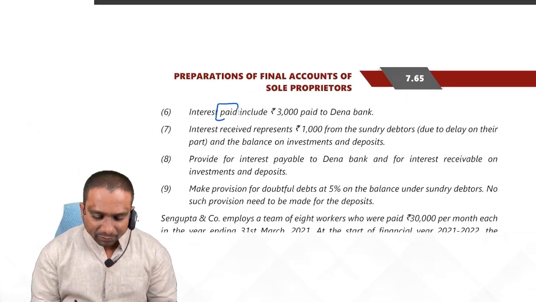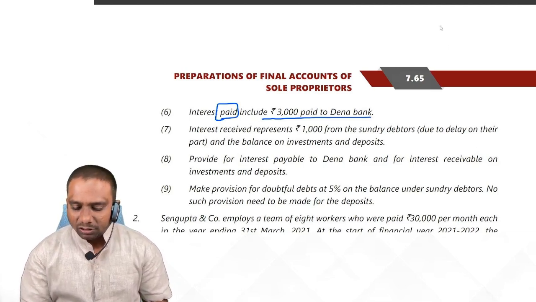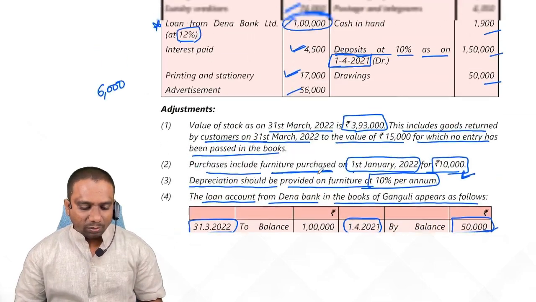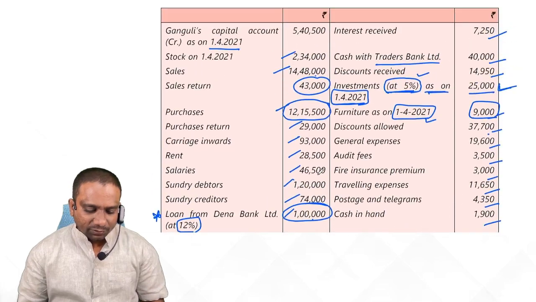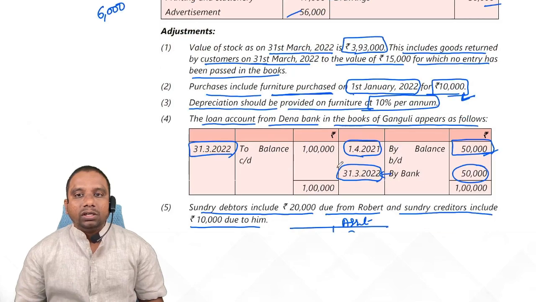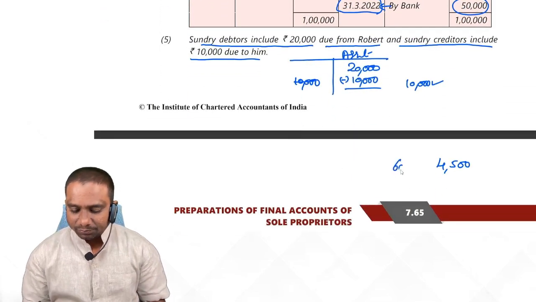Interest paid includes 3,000 paid to Dena Bank. Generally, what is the total interest paid? As per trial balance, 4,500. But we have calculated interest payable to Dena Bank, that is 6,000.